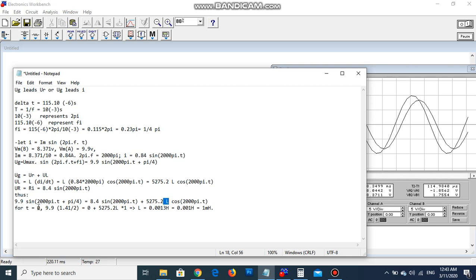I can use t equals 0 by replacing 0 in this, so you get 9.9 sine pi by 4, and pi by 4 gives root 2 over 2, equals this number times sine 0, which is 0, plus this number times 1, because cosine 0 is 1.